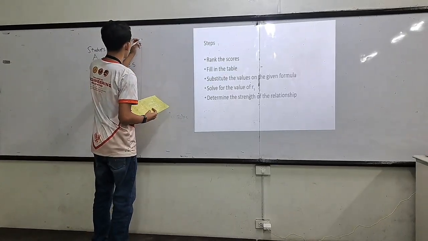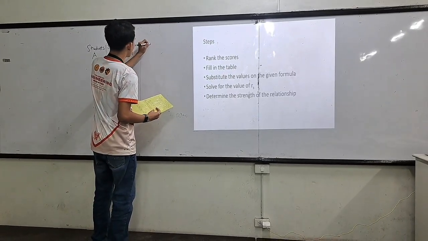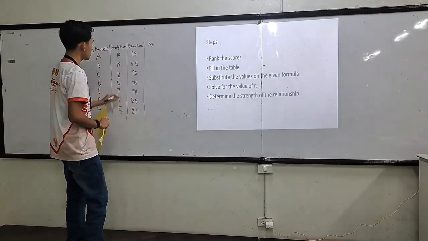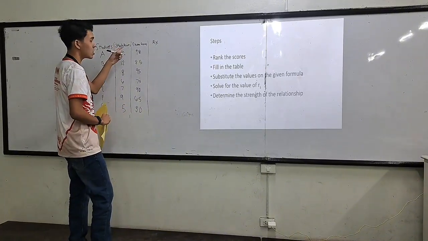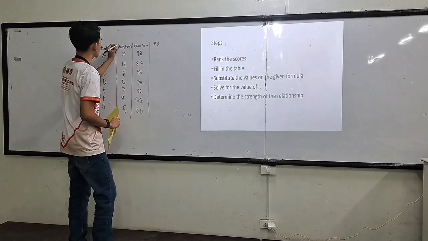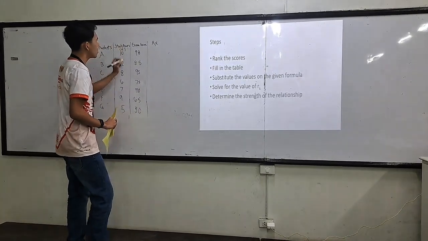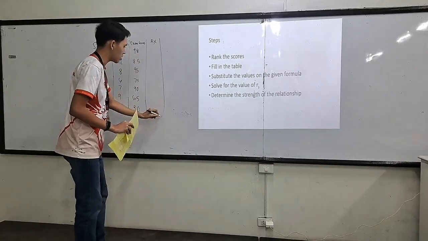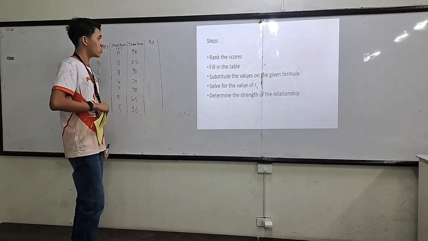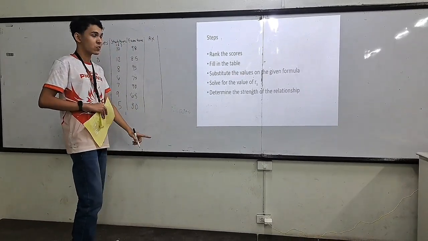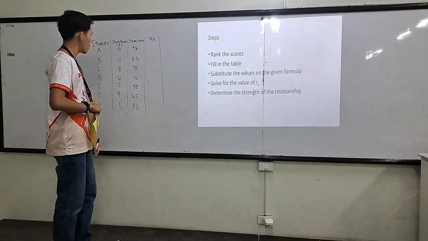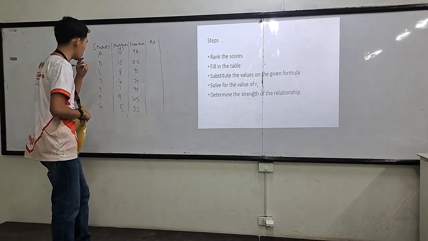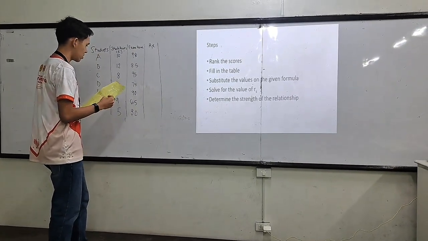So the first one will be the rank X. And the first values, the study hours, will be our X. So when we rank the values, the first rank is the lowest value in the X. So the lowest rank is 5.